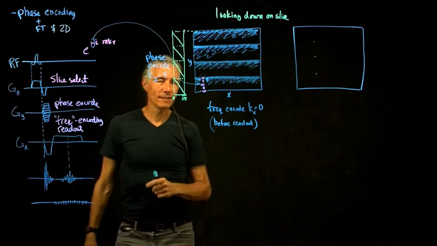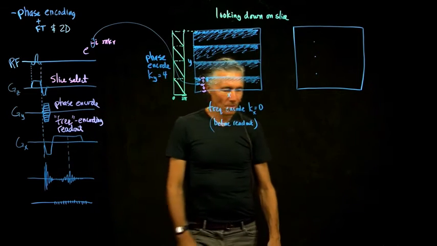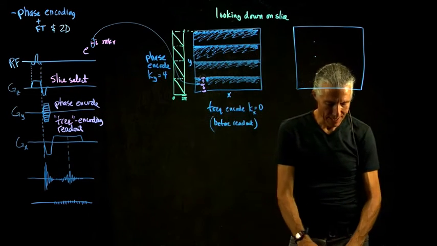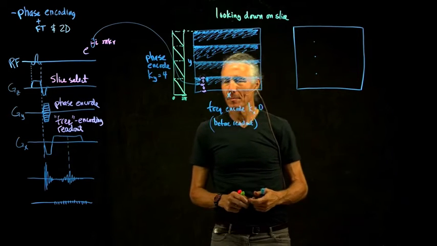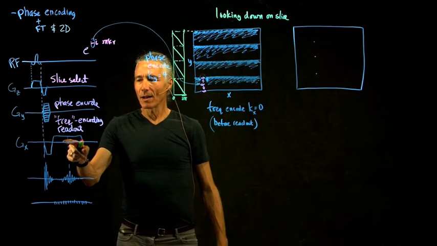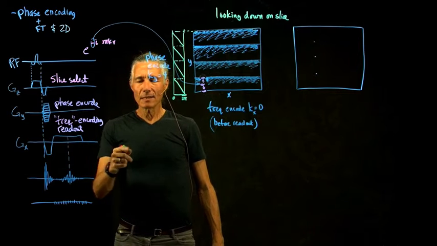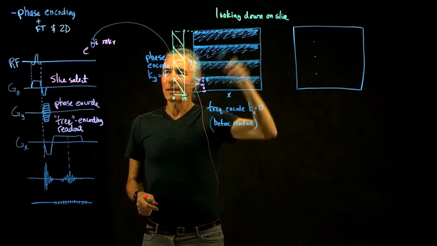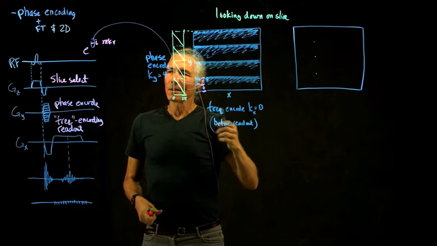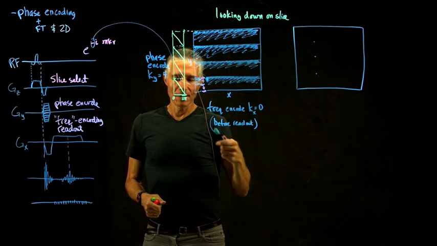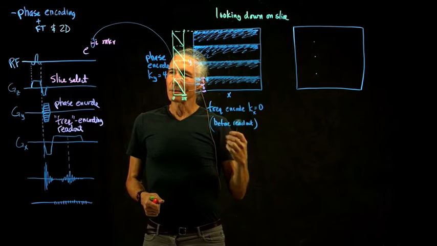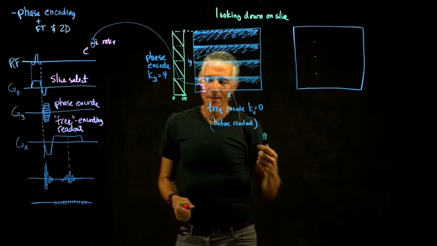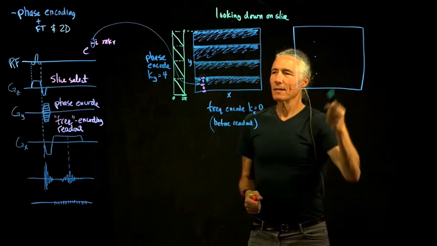So they both affect the same thing. So the first question that comes to mind is, how come they don't mess each other up? Because when you turn a gradient on, it changes the Bz, which is the thing that causes the spins to get ahead, because it's changing the Larmor frequency of the precession oscillation. How come they don't all mess each other up?